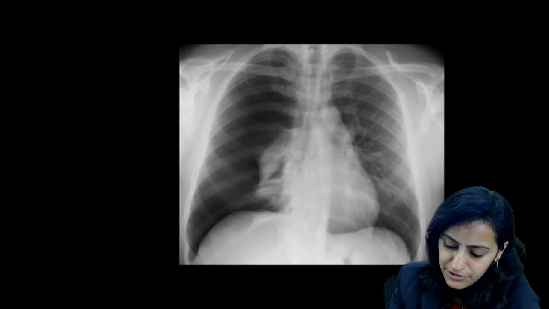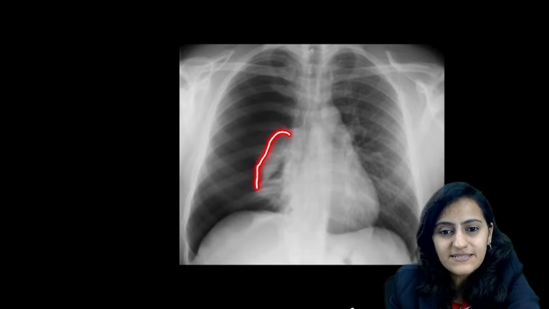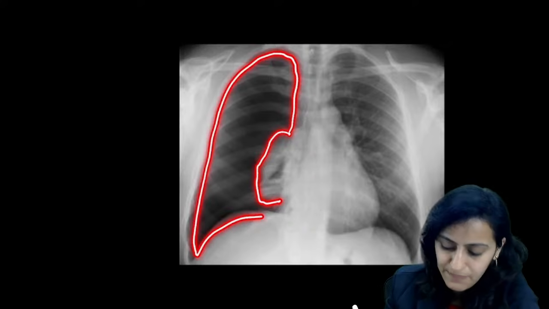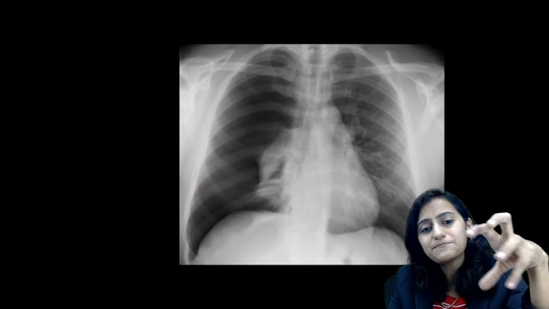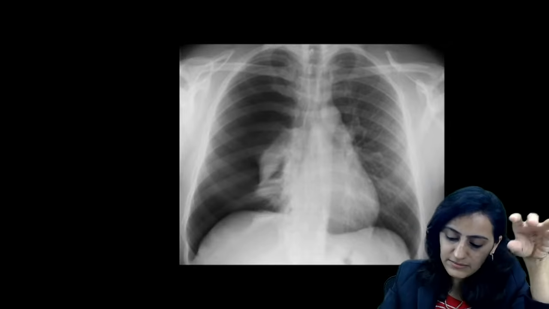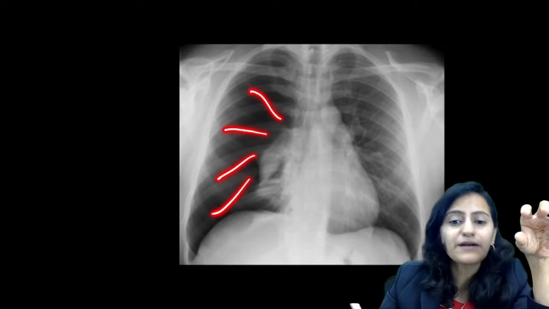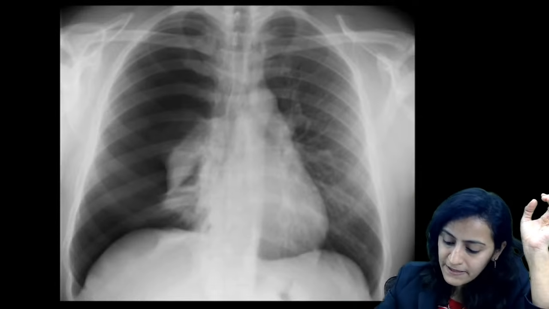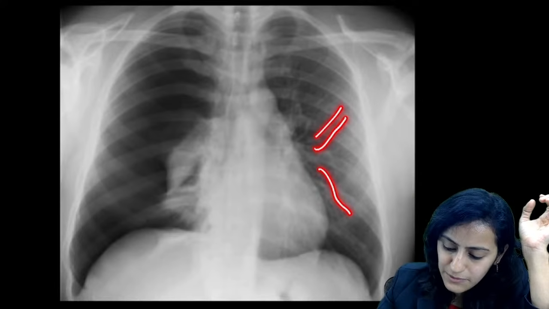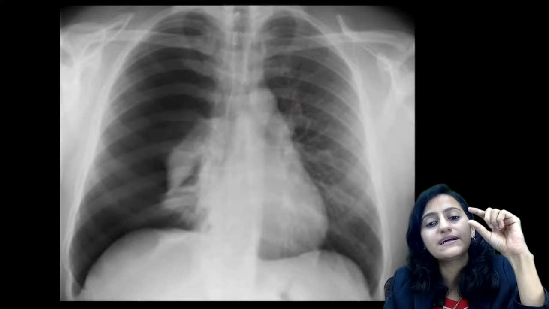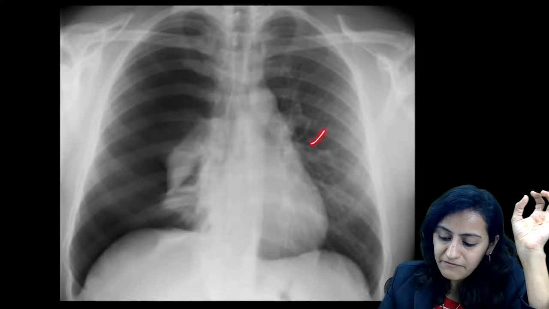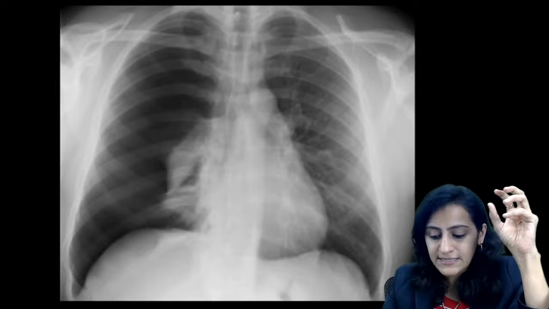So look at this radiograph. We see that this is the white area, but surrounding that is this entire black area. This black area is very jet black. There are no vascular markings that we are seeing. On the other hand, if you see in the other lung, look at these. These are the white vascular markings that we are seeing. So the air in the normal lung will have these vascular markings.